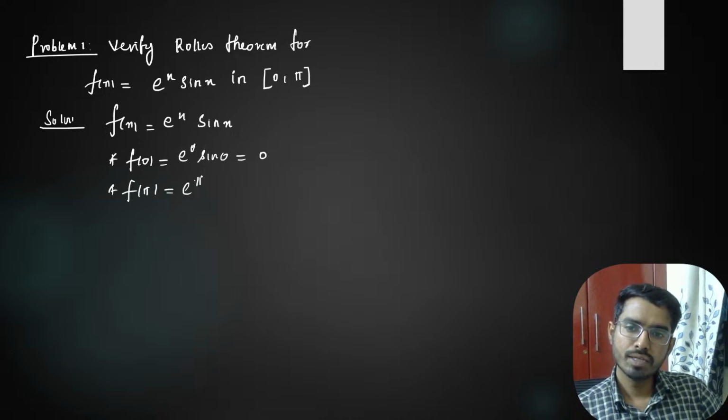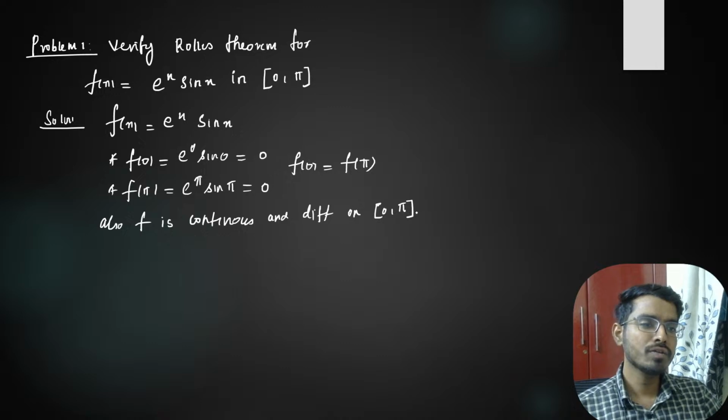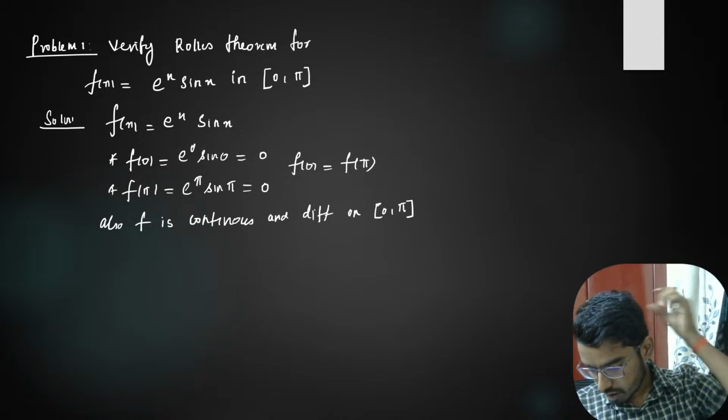The f of pi is e power pi sin pi, again sin pi is 0, and you can see your f of 0 is same as f of pi, and also f is continuous and differentiable on the interval 0 comma pi, right? Continuous means closed interval, differentiable means open interval, right?